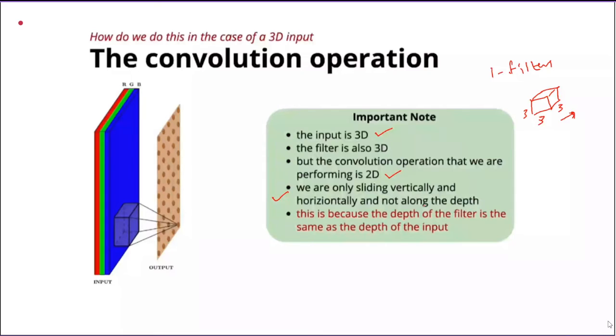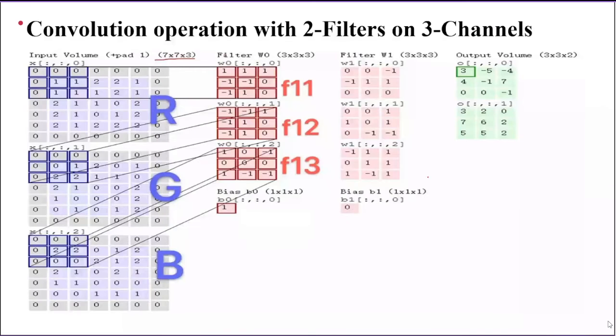Here in this case, you can see the input image is color, so we have three channels: red, green, and blue. Here we are taking two filters, filter 1 and filter 2. As I already discussed, the depth of the filter will automatically change to the depth of the input image. Here the depth is 3, so the depth will change to 3.